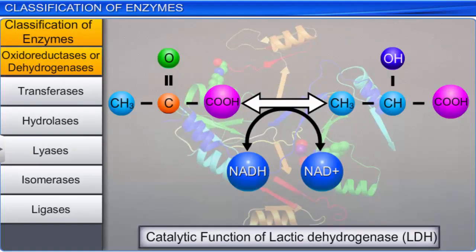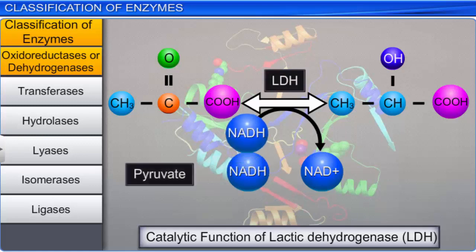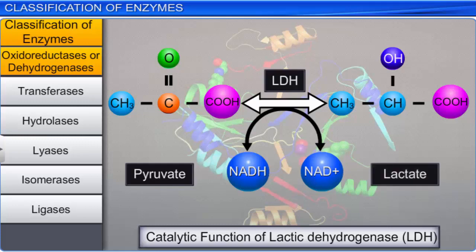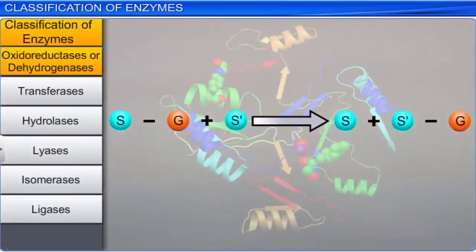An example of an oxidoreductase enzyme is lactic dehydrogenase, which converts pyruvic acid into lactic acid and vice versa. The second class of enzymes is transferases.